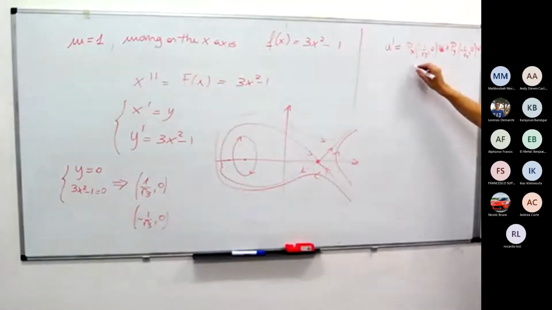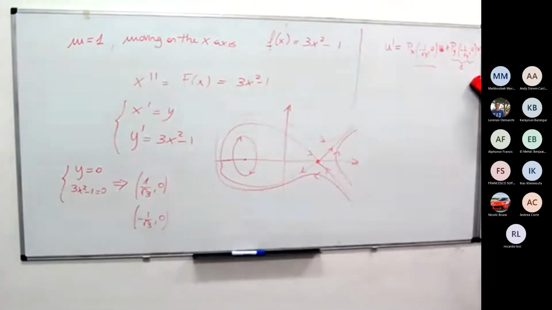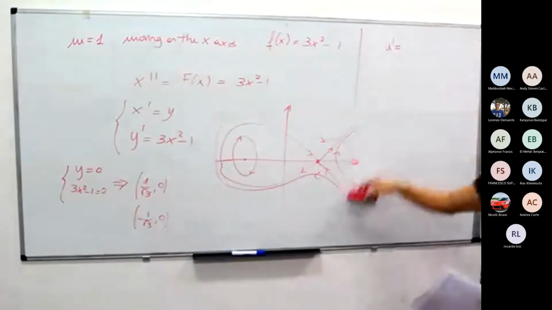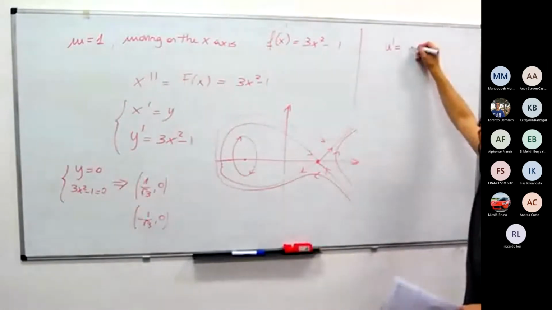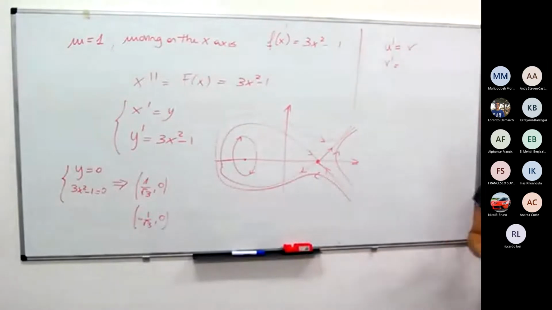The first part is 0, this part is 1, so it's 1 times b. On the right hand side, it's going to be just b. Now what I have to do is to calculate b prime.